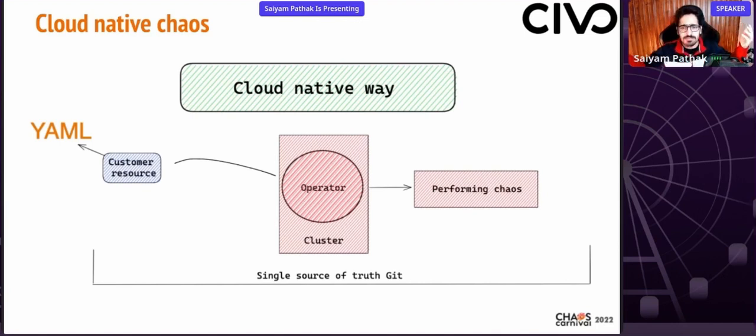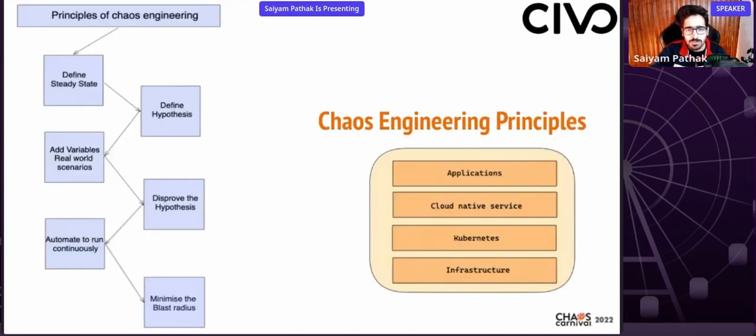Internally it is YAML, then converted to JSON and so on, and it will be deployed as a pod. So that is why this is the cloud native way. Earlier, obviously, chaos was not happening like this. Now it is happening in a more cloud native way. So I hope you got a gist of where we have evolved from.